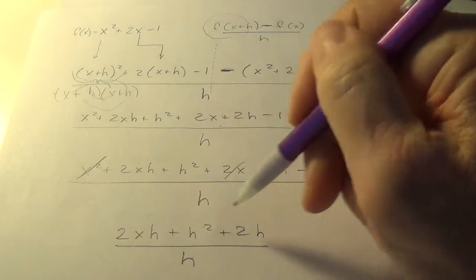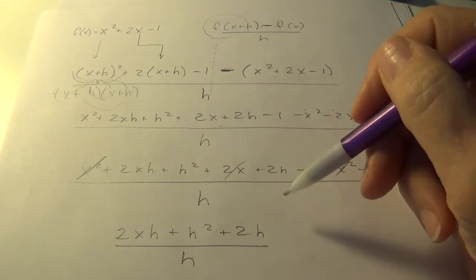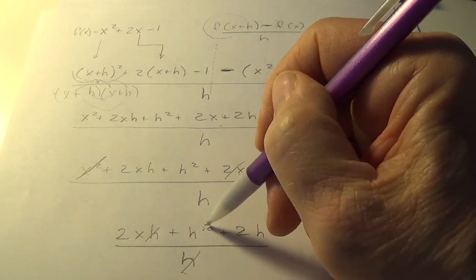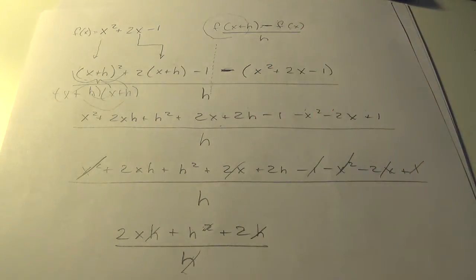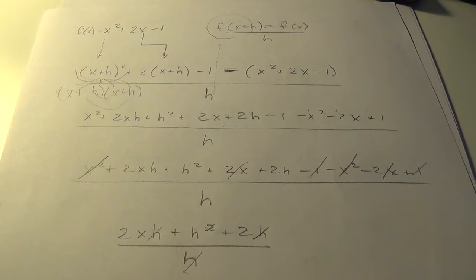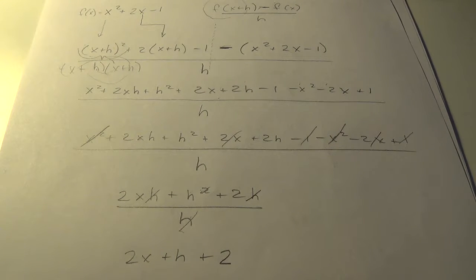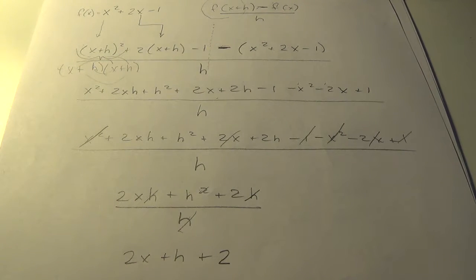And if there is a term without an h, I cannot do that. So h, one of these, and this one. So if the h is in every term, I can simplify further. And the h in the denominator is canceled, and we get 2x plus h plus 2.